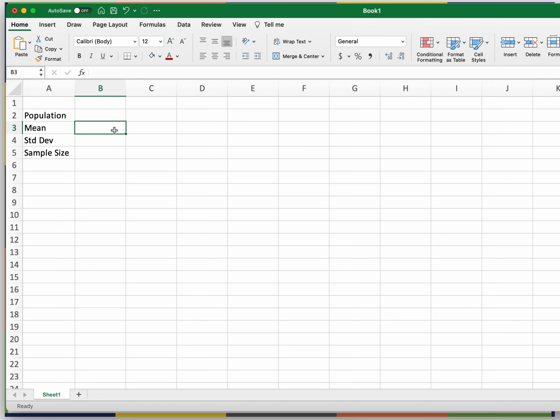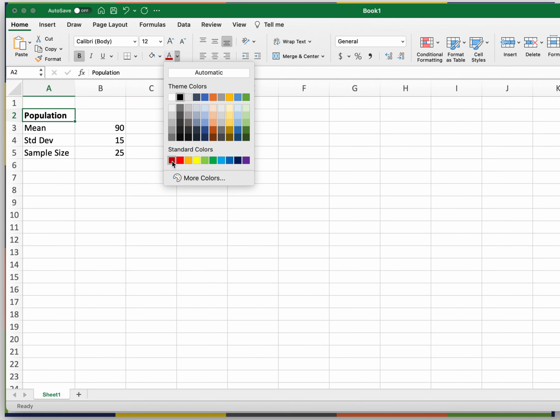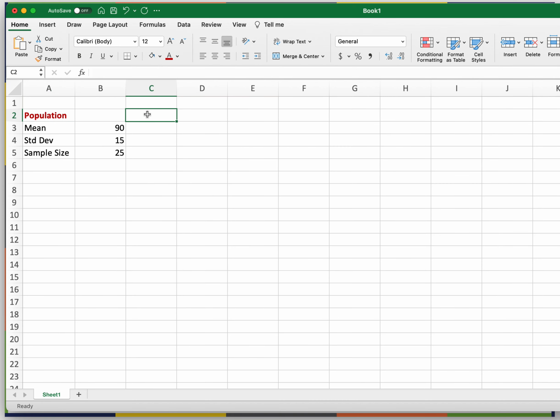This is the population. So we don't know the distribution. We know the mean is 90. We know the standard deviation is 15. We know the sample size is 25. So if we look at the sampling distribution, let's make this bold, and let's make it this maroon color. And then the sampling distribution. And let's wrap that text.